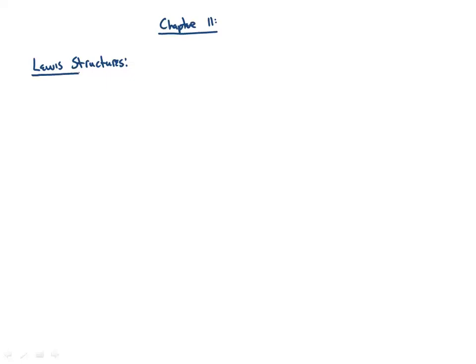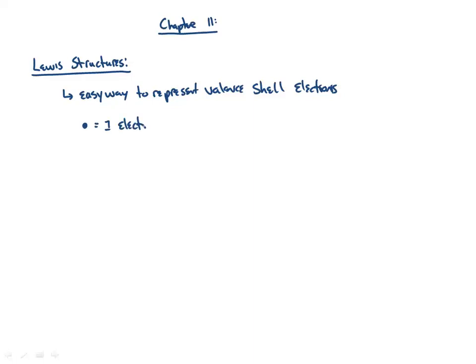What Lewis structures are is an easy way to represent the valence shell electrons. We represent them as a dot equals 1 electron.